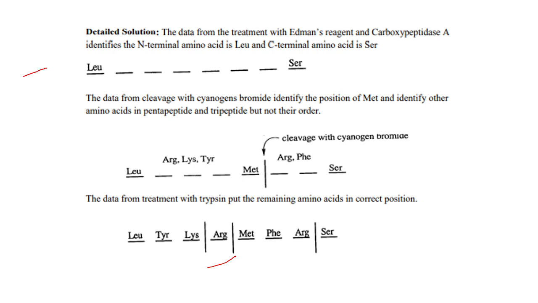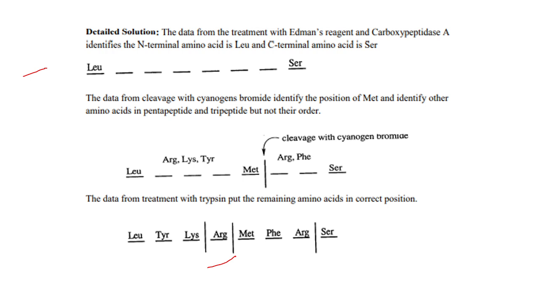In all the cases, it will cleave at the C terminus of methionine. So out of them, the peptide sequences will be of 5 and 3, and it will cleave from here.